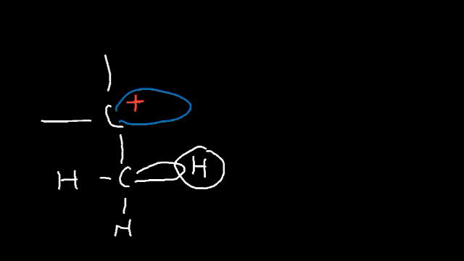And so this CH bond can donate electron density by the overlap of atomic orbitals. And so that's the hyperconjugation effect. So that's how a methyl group can stabilize a carbocation center: by donating electron density through the sigma bond by means of the inductive effect, or through the overlap of atomic orbitals by means of the hyperconjugation effect.